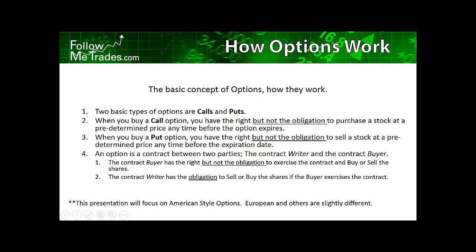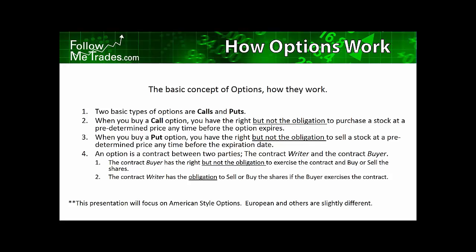So an option is a contract, and that's why they call them option contracts. You buy contracts, and it's between 2 parties: the contract writer and the contract buyer. The buyer has the right, but not the obligation, to exercise, to act on the contract, to buy or sell the shares. The writer has the obligation.